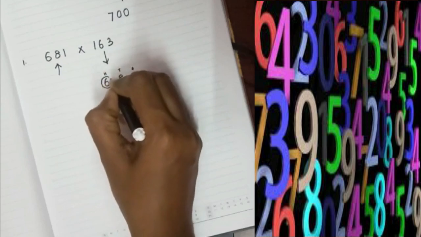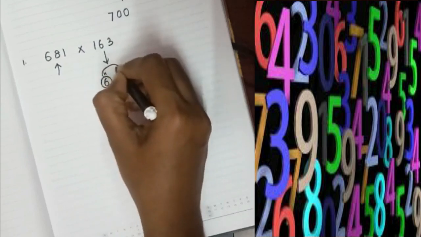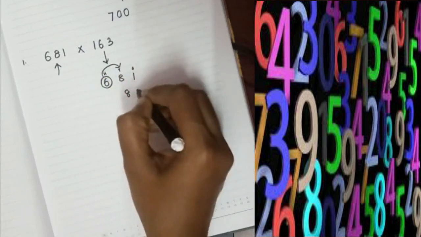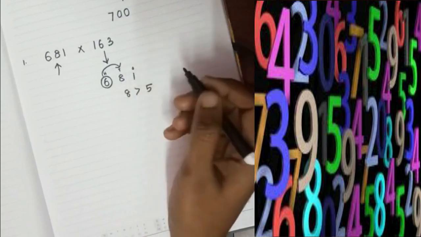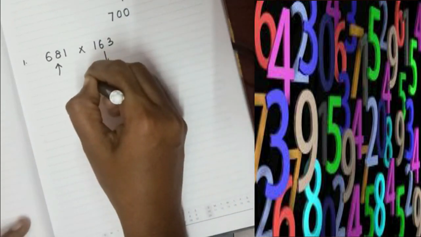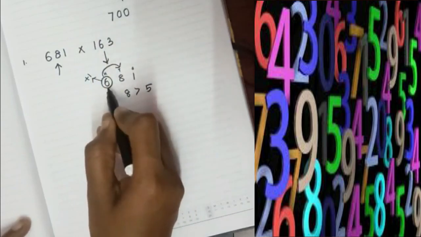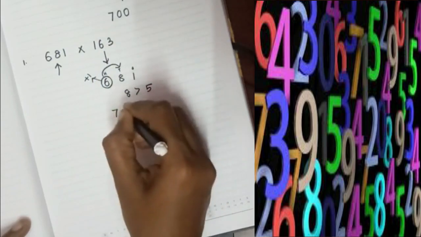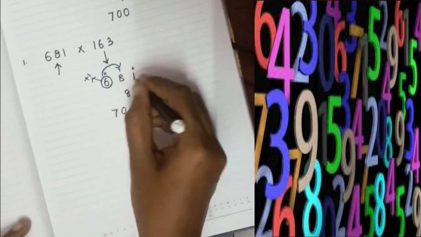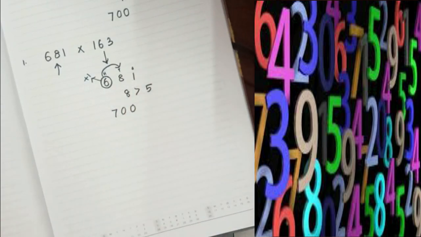So in the hundreds place 6 is there. To the right is 8. 8 is greater than 5. So if it is greater, you will be adding plus 1 in the hundreds place. That is 6 plus 1, 7. So 0, 0, 2 zeros. To the right of the hundreds place, after rounding off, you will be adding zeros.